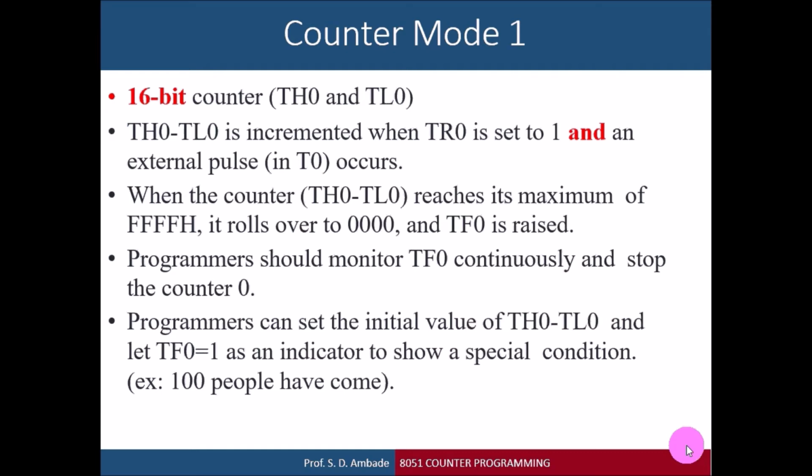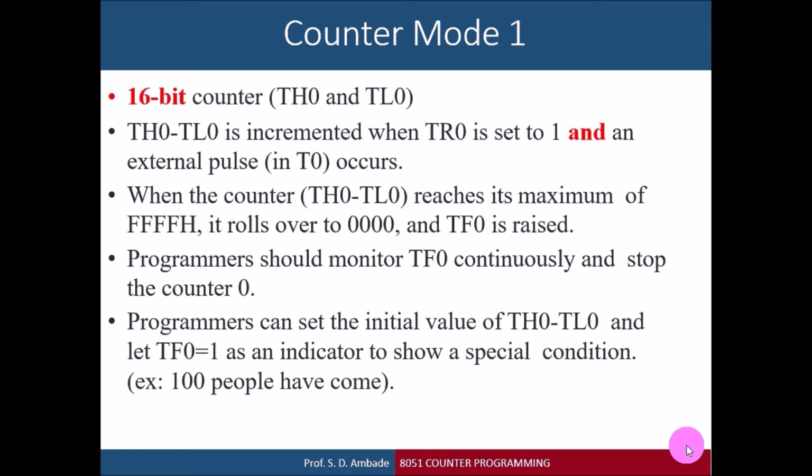Programmers can set the initial value of TH0 TL0 and let TF0 equal to 1 be an indicator to show a special condition. For example, we want to indicate to the microcontroller that 100 people have come into a classroom.